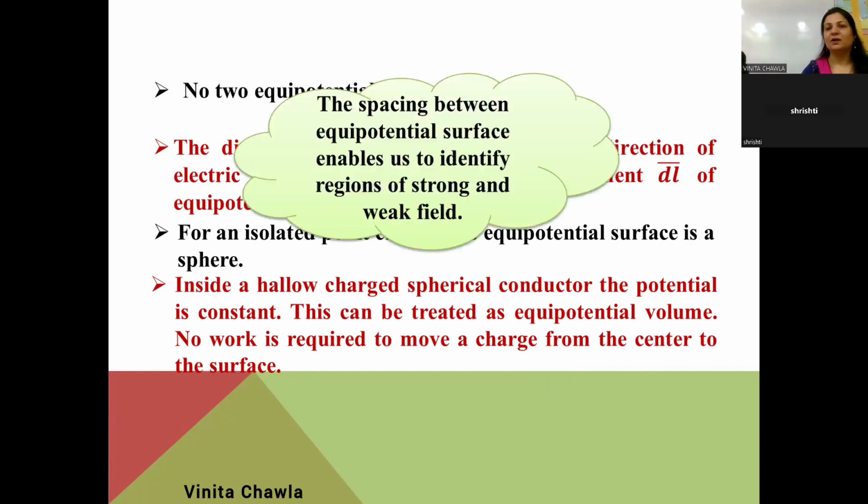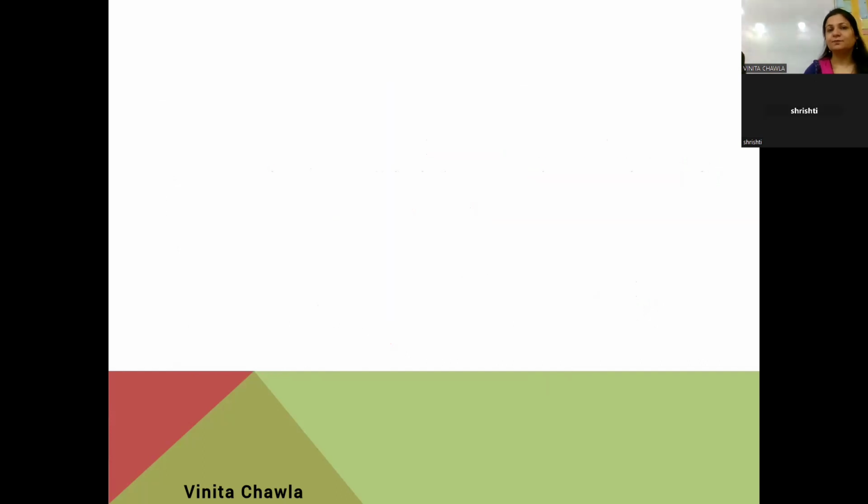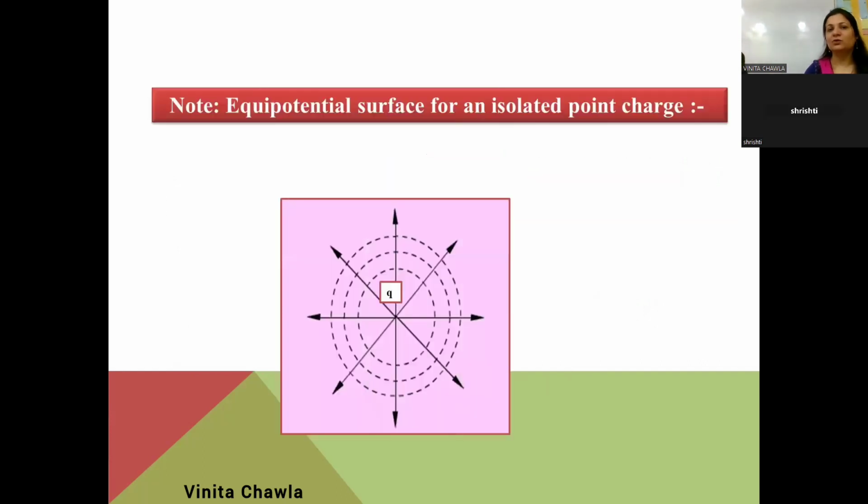The spacing between equipotential surfaces enables us to identify regions of strong and weak fields. So the equipotential surface for an isolated point charge is like a sphere. So we can draw dotted lines. See these solid lines, these represent the electric field lines, electric lines of force, right?